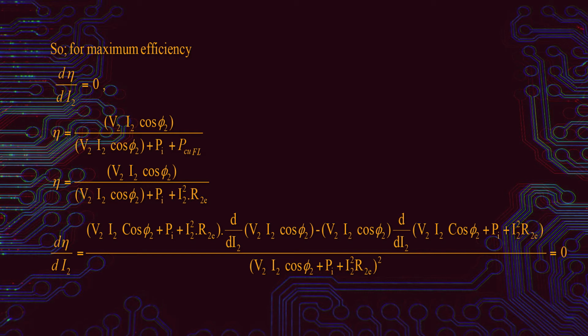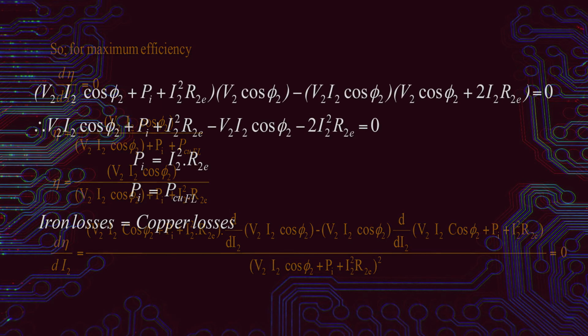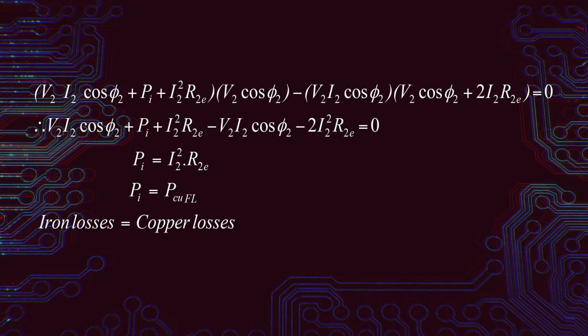So this can be written after the differentiation as V2 I2 cos phi 2 plus Pi plus I2 square R2E multiplied by V2 cos phi 2, minus V2 I2 cos phi 2 multiplied by V2 cos phi 2 plus 2 I2 R2E, is equal to 0. So after solving, this expression can be written as V2 I2 cos phi 2 plus Pi plus I2 square R2E minus V2 I2 cos phi 2 minus 2 I2 square R2E is equal to 0.